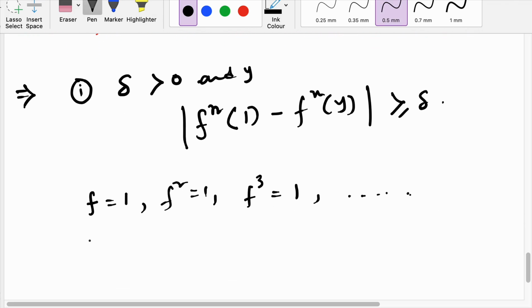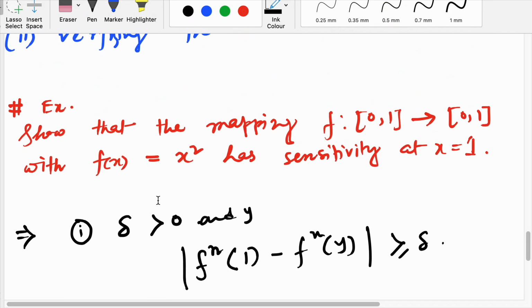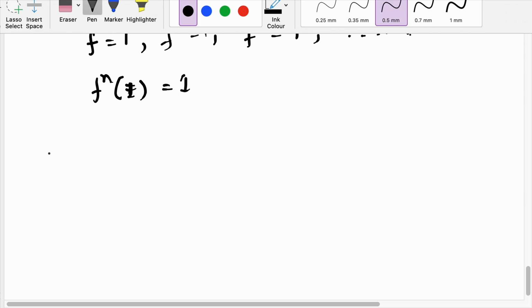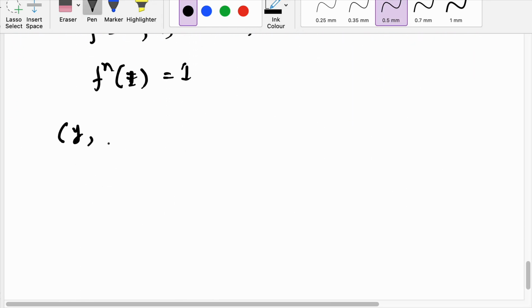So f^n(1) will also be 1. And for any other value of y, which maps from 0 to 1, the iterates will be y, then y squared, then y to the power 4, then y to the power 2^n, and it goes on.